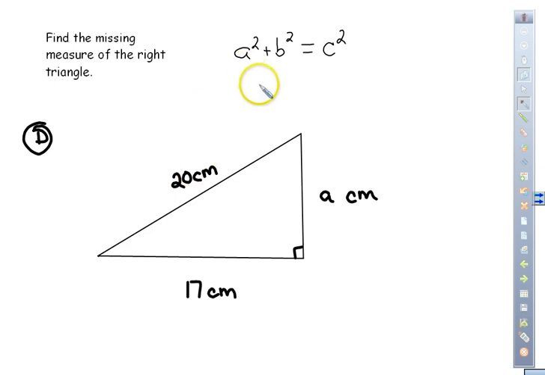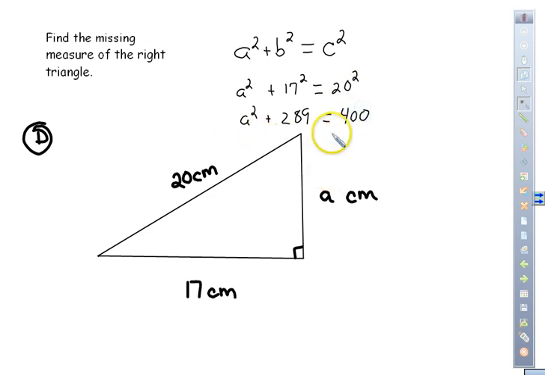Alright, so plugging it into our formula, a squared is what is missing, so we're going to leave it a squared, plus b squared is the other leg, which is the other leg that's attached to that 90-degree angle, so that's 17 squared, equals c squared, which is 20 squared. So now we get a squared plus, well, 17 squared is 289, and 20 squared would be 400.